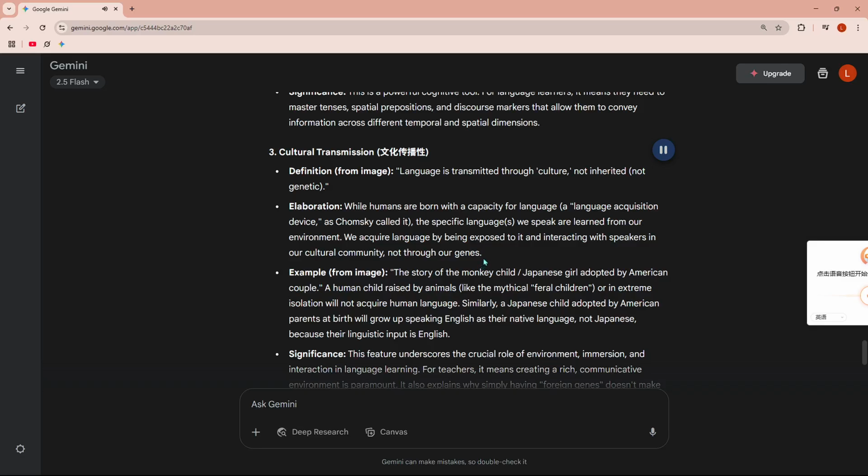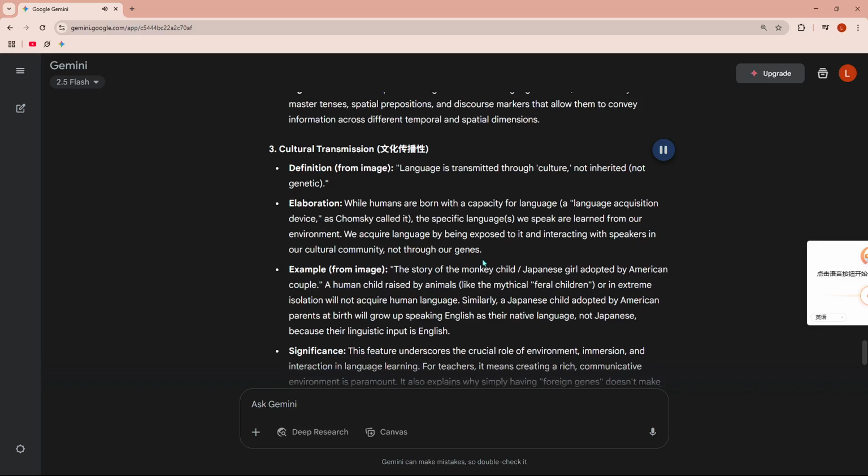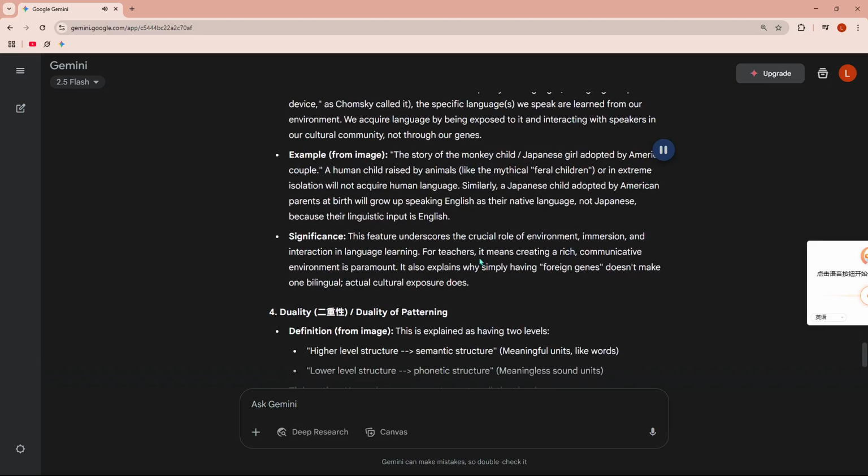Example, from image: the story of the monkey child, and a Japanese girl adopted by an American couple. A human child raised by animals, like the mythical feral children, or in extreme isolation will not acquire human language. Similarly, a Japanese child adopted by American parents at birth will grow up speaking English as their native language, not Japanese, because their linguistic input is English.